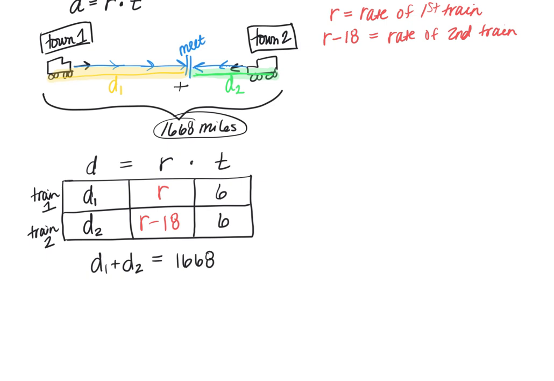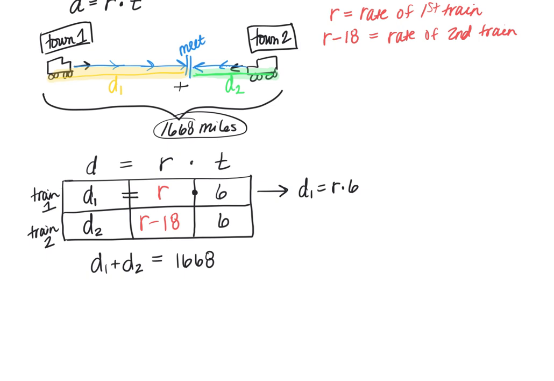1,668 miles. Now, when we take a look at the motion equation, distance equals rate times time, I put it in this grid because we know that the distance will always equal whatever the rate of the object is multiplied by the time. So this is just sort of a nice way, I call it dragging out the equation for the first train. The first train's distance, D1, is equal to its rate times its time, which is in this case 6.